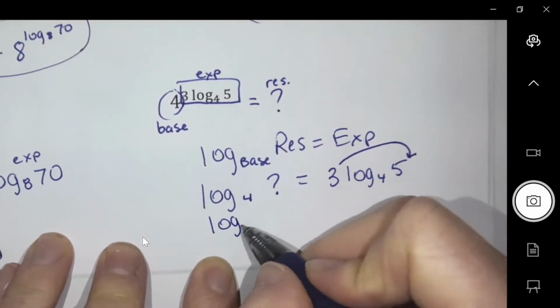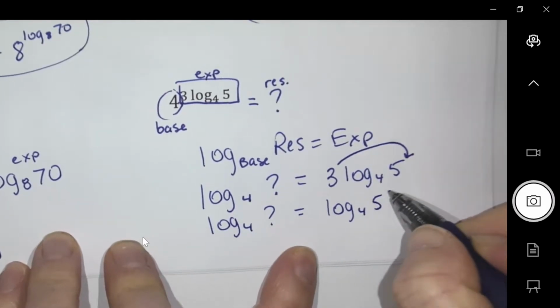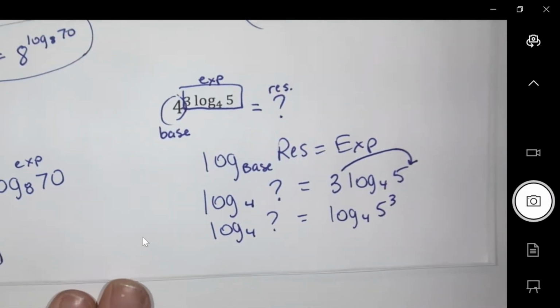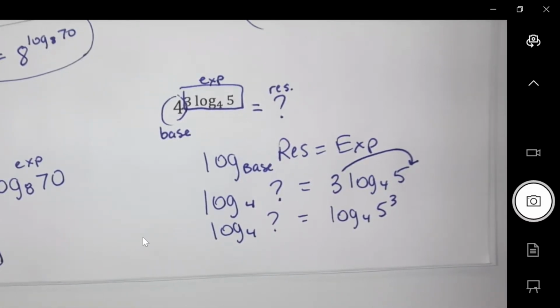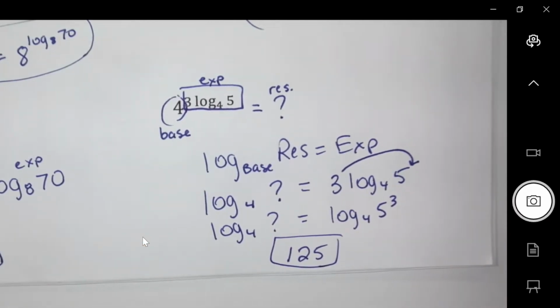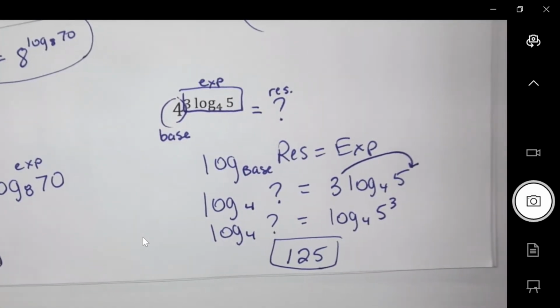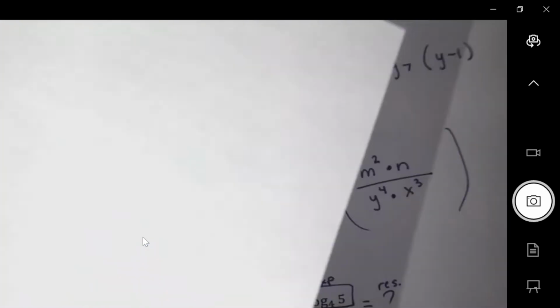So log 4 of question mark would equal log 4 of 5 cubed. Therefore, where my question mark is would have to be 125.